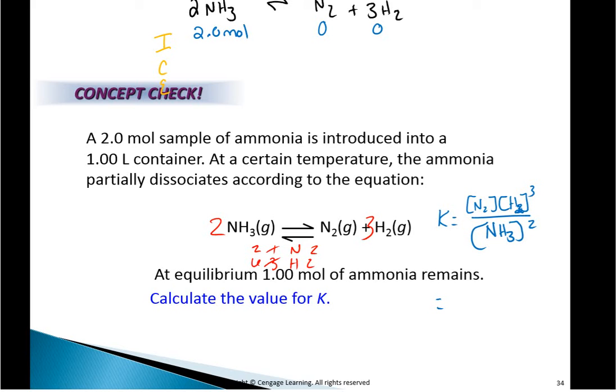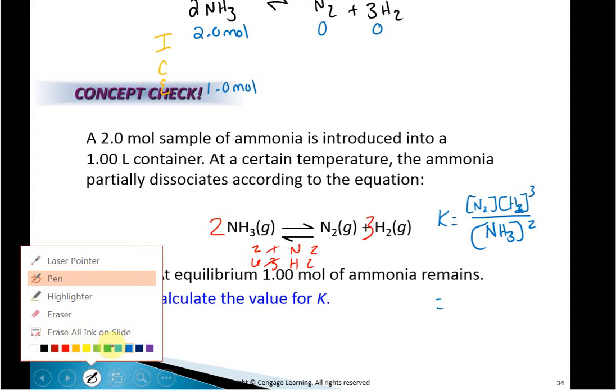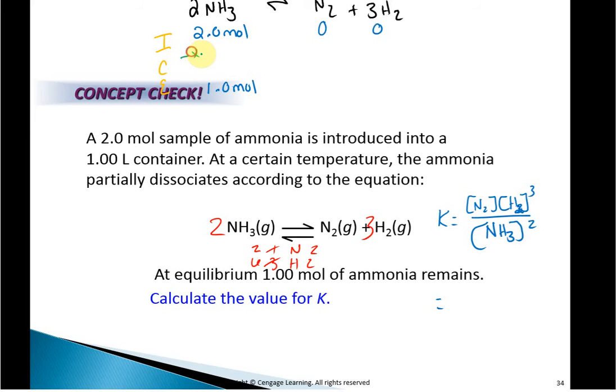At equilibrium, we're left with 1 mole. So we have here a change of X, or really 2 minus 1 gives us 1 mole difference.